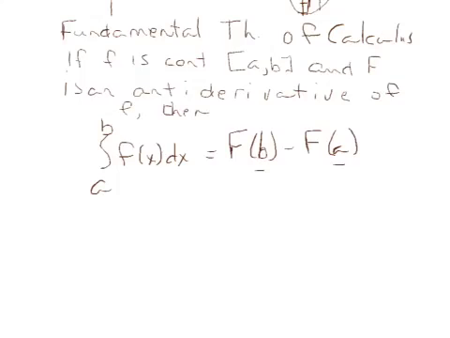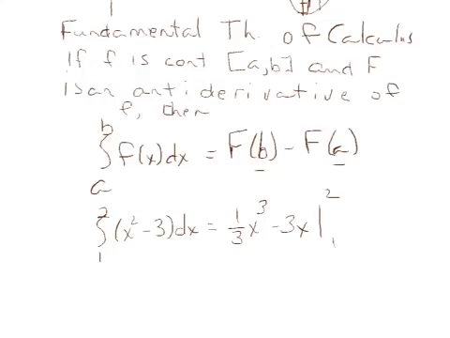So let's look at that function from 1 to 2, the integral from 1 to 2 of x squared minus 3 dx. And we will integrate and plug in our limits. So when we take the antiderivative of x squared, we get 1/3 x cubed minus the antiderivative of 3, which is 3x, and we're going to evaluate that at 2 and at 1.